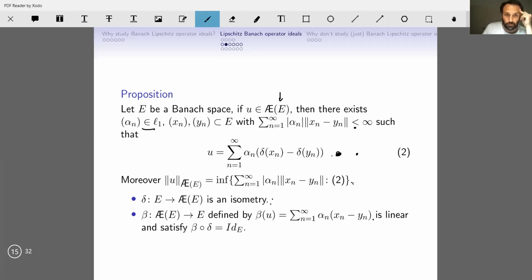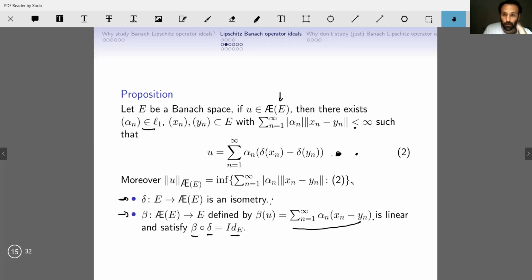Why did I put this description? Well, here we can see easily that this delta is in fact an isometry from E into the Lipschitz free space of E. And also we have a linear map beta from the Lipschitz free space of E to E, defined in this way. And this linear operator beta is just the left inverse of delta.